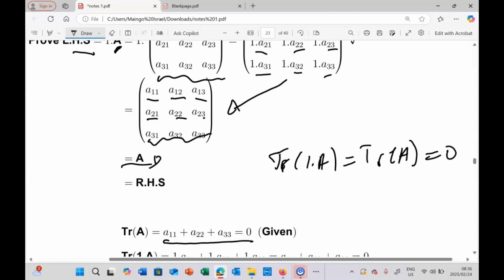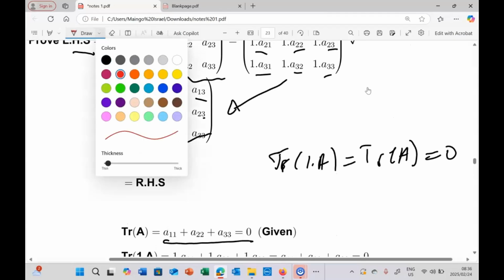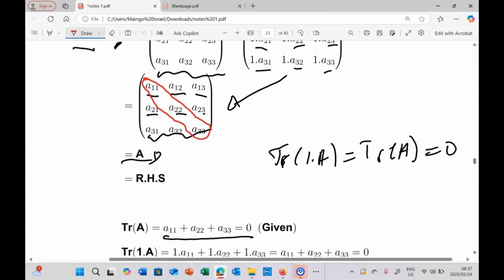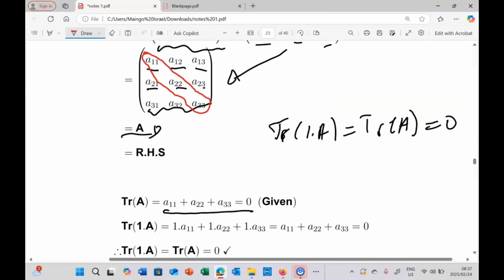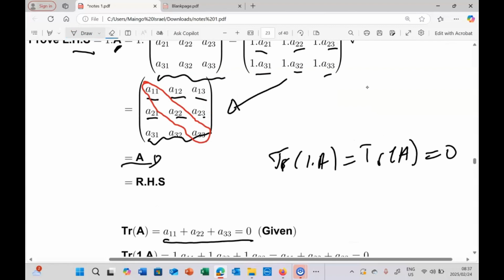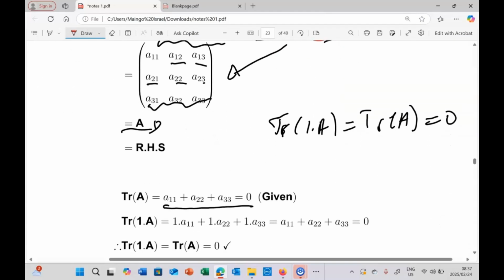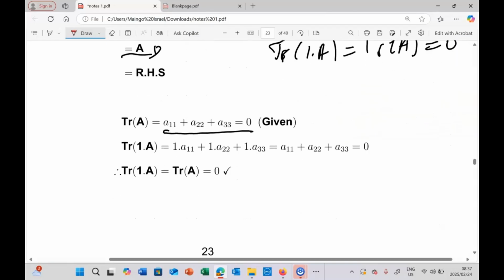We're just adding the diagonal elements of 1 times A.